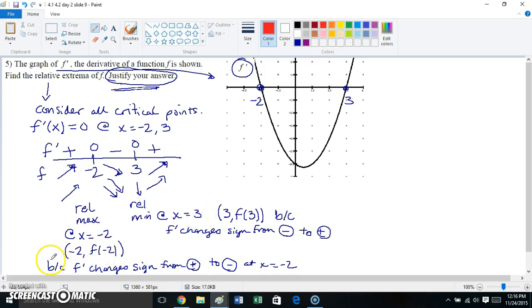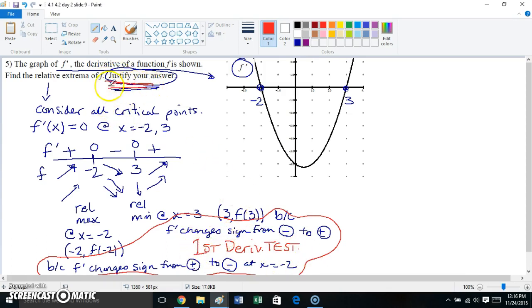Okay, so when we say these things, f prime changes sign from positive to negative or from negative to positive, we are using the first derivative test. And the first derivative test is a way to justify your answer.